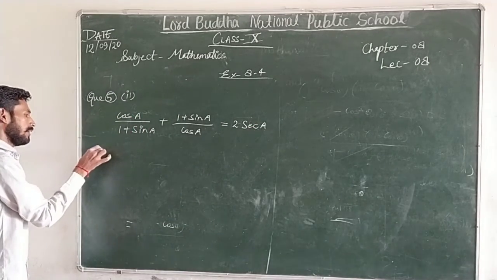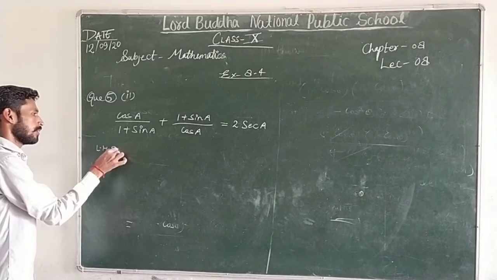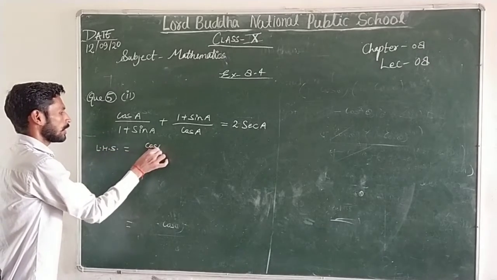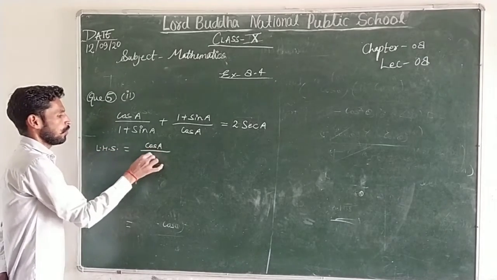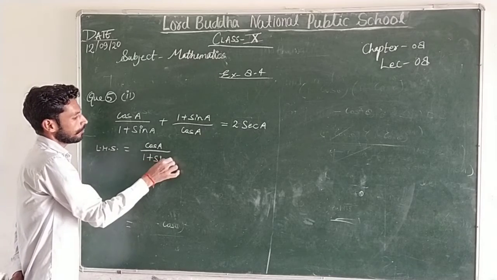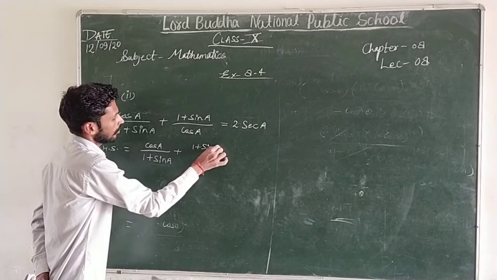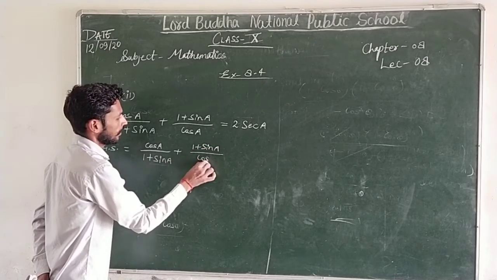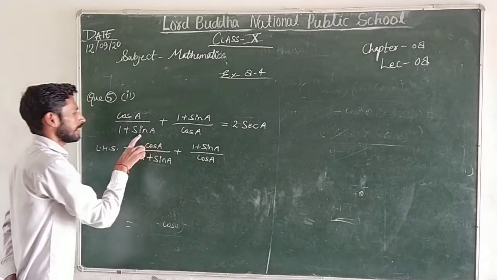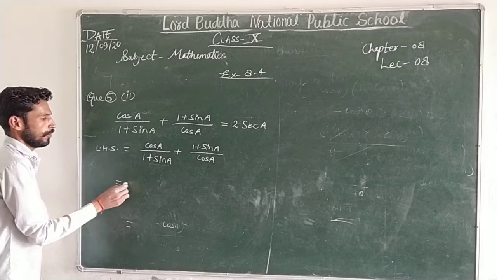Now take the left hand side, that is cos A upon (1 plus sin A) plus (1 plus sin A) upon cos A. That is the left hand side of this question.